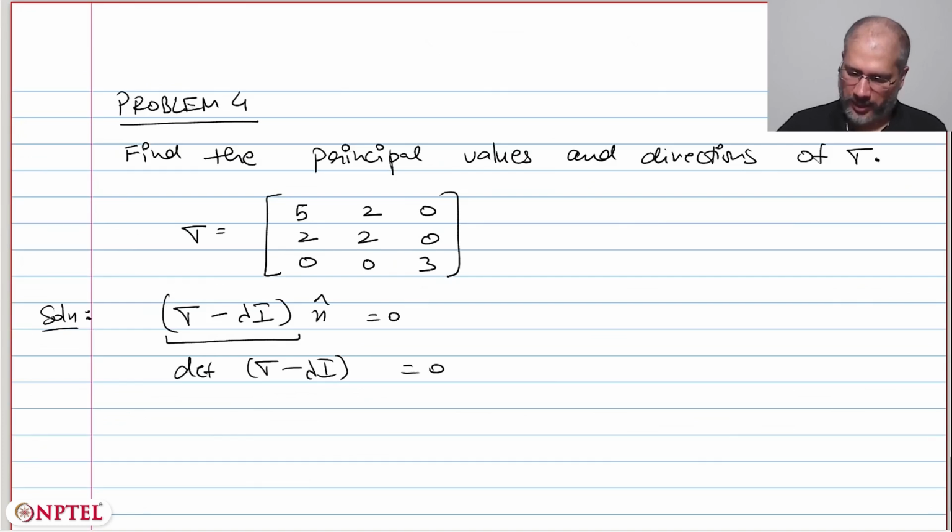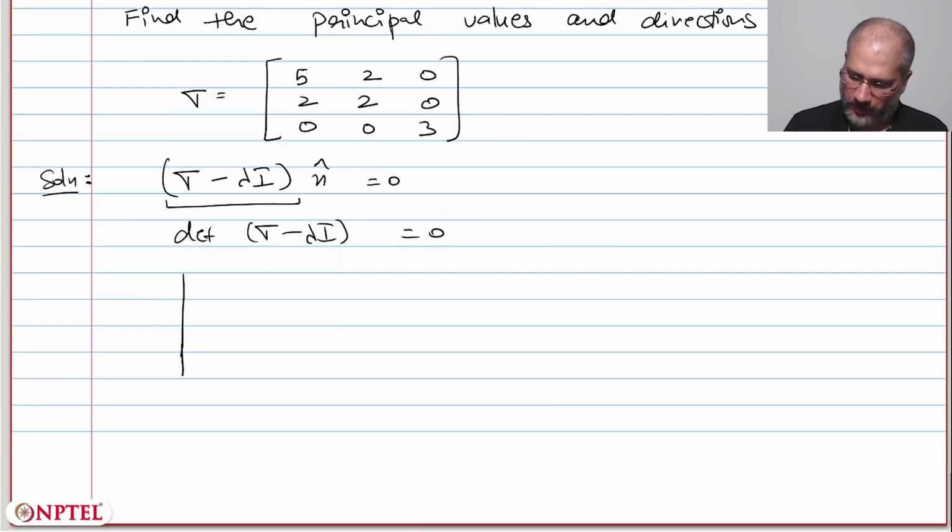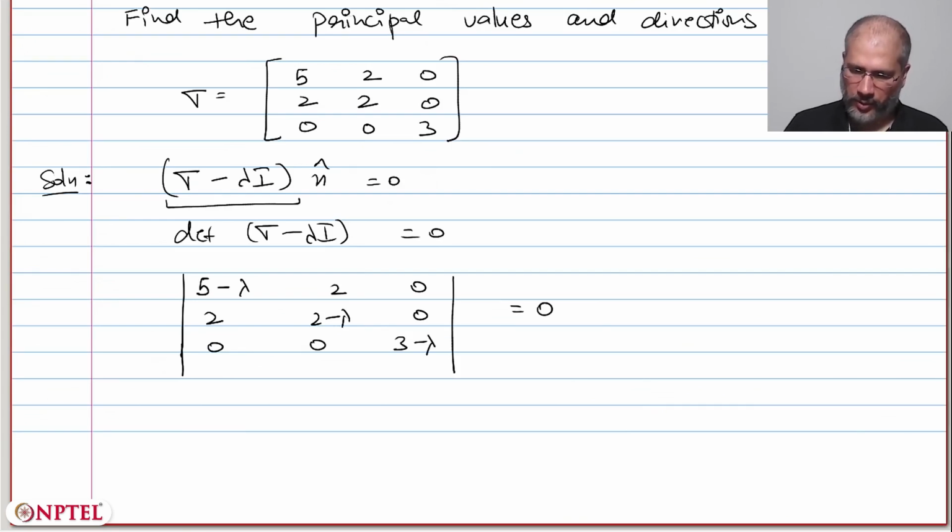So this can be written as the determinant of 5 minus lambda, 0, 0; 0, 2 minus lambda, 0; and 0, 0, 3 minus lambda, equal to 0. Now we simply need to expand the determinant, get a cubic in lambda and solve it. I'll leave it to you to solve it.